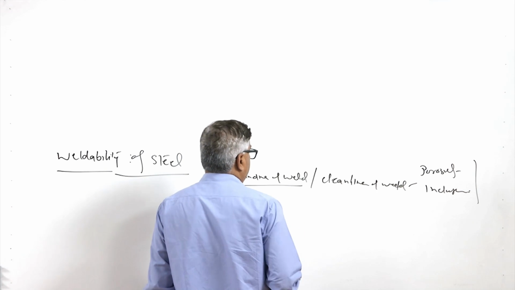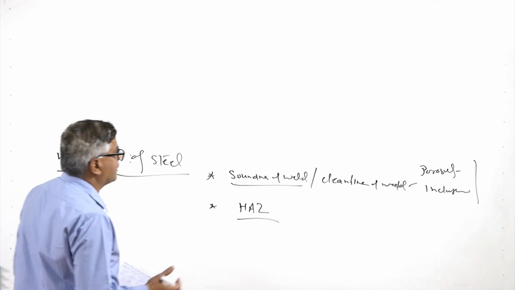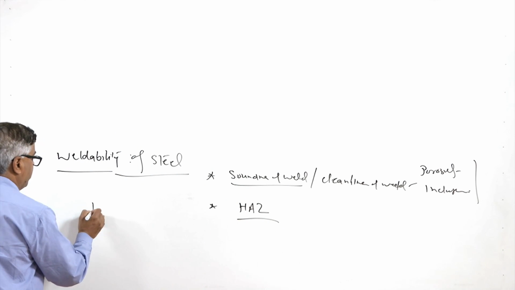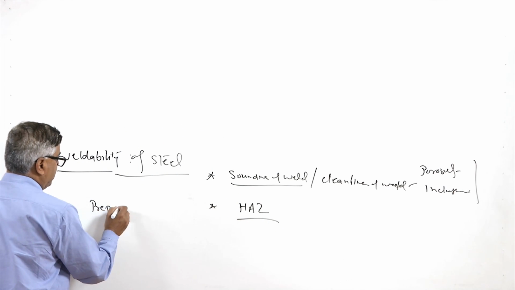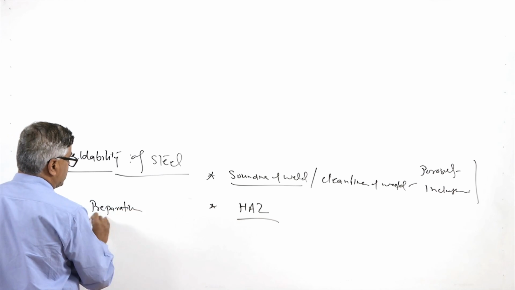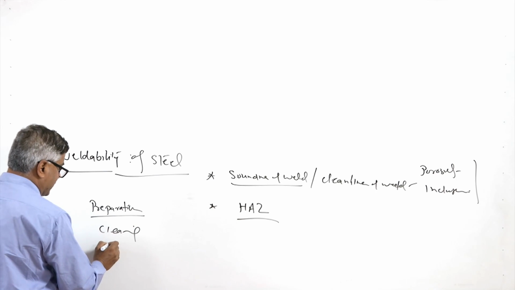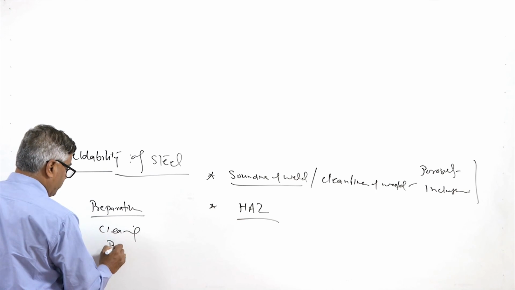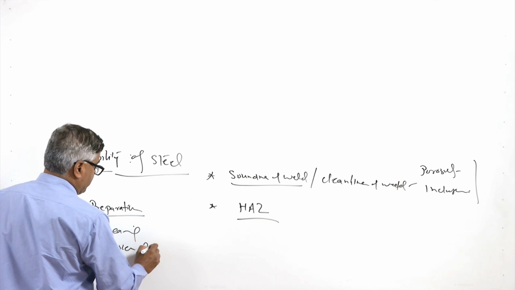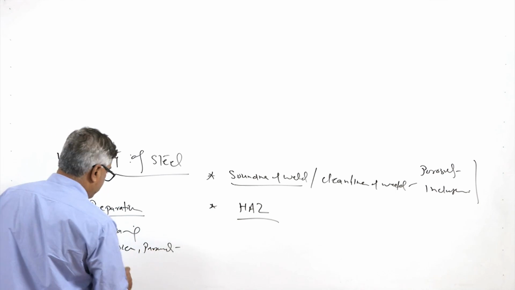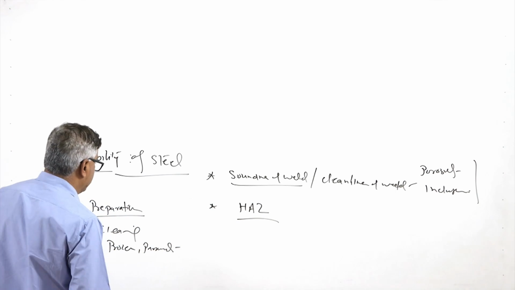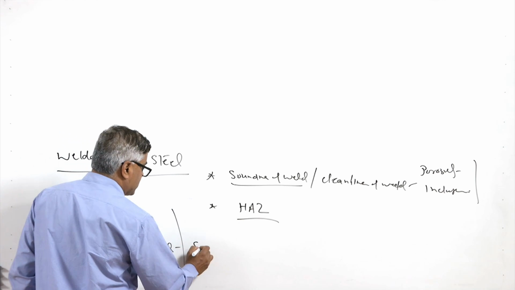So, if we select the process properly, if the groove surface preparation is proper, if the joint is properly cleaned, and the process and process parameters are perfect and welding is performed under properly controlled conditions, then the joint is normally sound.